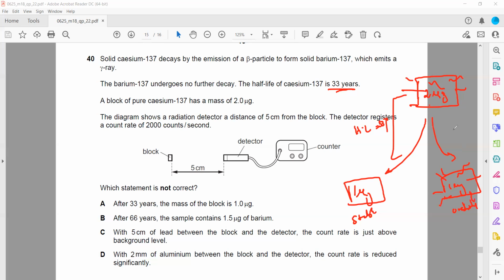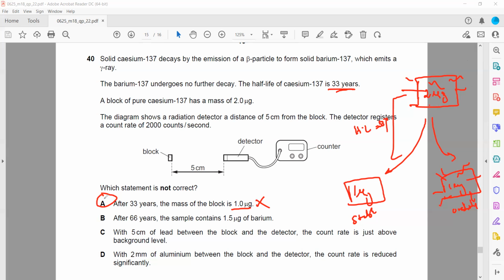The only difference is that from this 2 microgram, if originally all was radioactive, after half-life, half will be radioactive and half will be non-radioactive. So the question is, which statement is not correct? After 33 years, the mass of the block is 1 microgram. That is wrong. Why is it wrong?